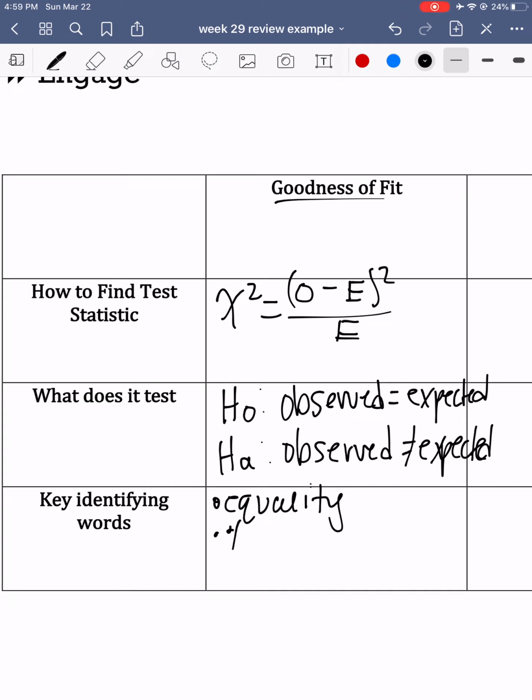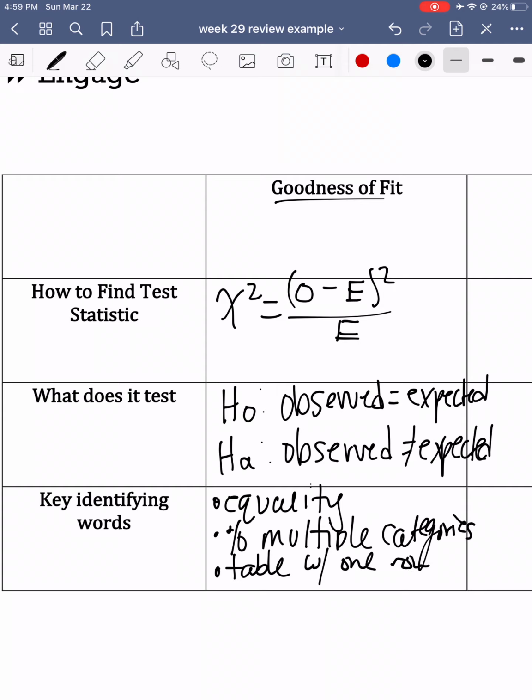Do they give percentages for multiple categories? And lastly, it's a table with one row, or I should say one row or column, of values.